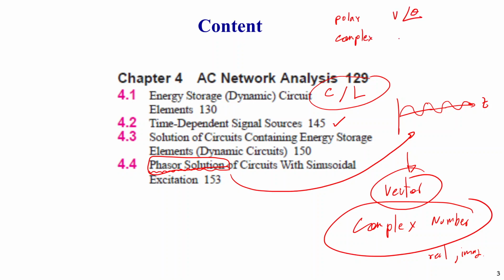V and theta, or maybe R plus jX like this. This is the complex form. This is the polar form, right? You have 100 at 30 degrees. How to transform it into complex form, real and imaginary part, right? It's familiar to you, do you remember? I think many subjects may use this. Some subjects will use complex numbers.